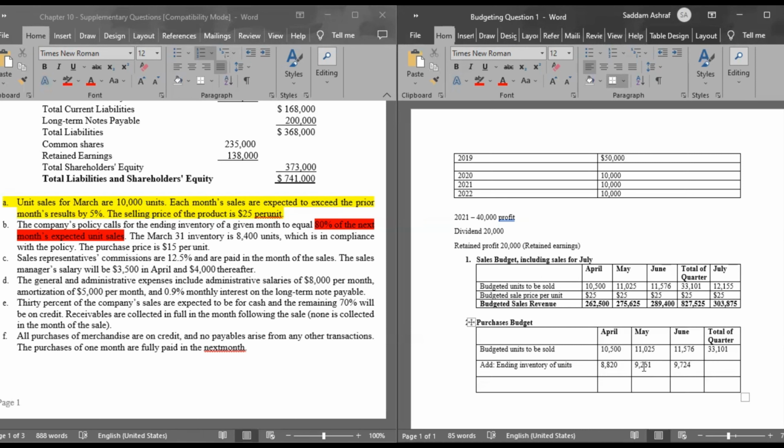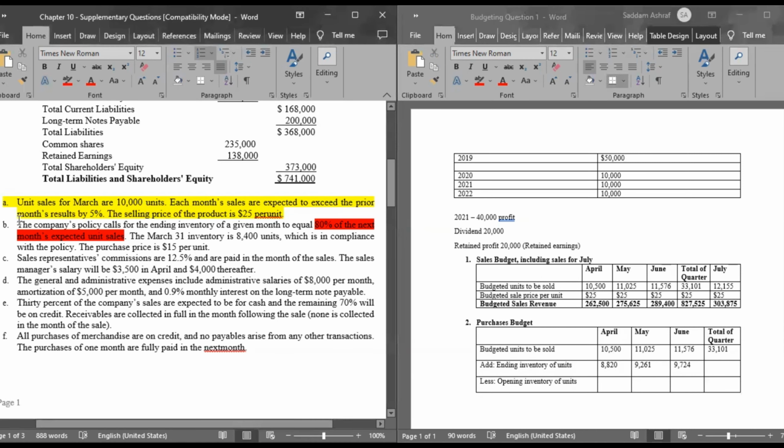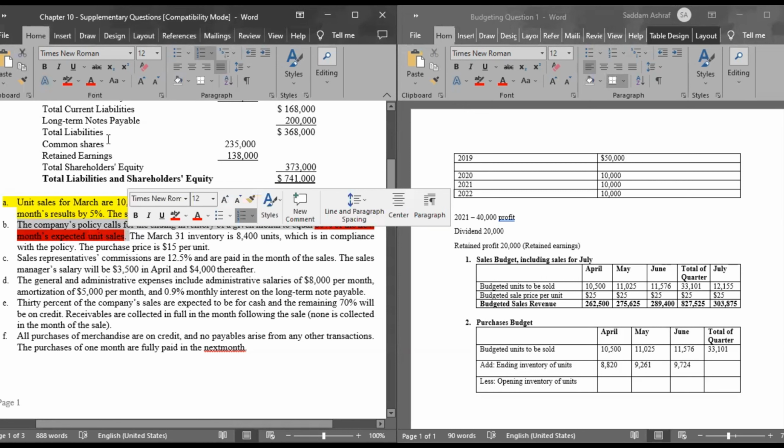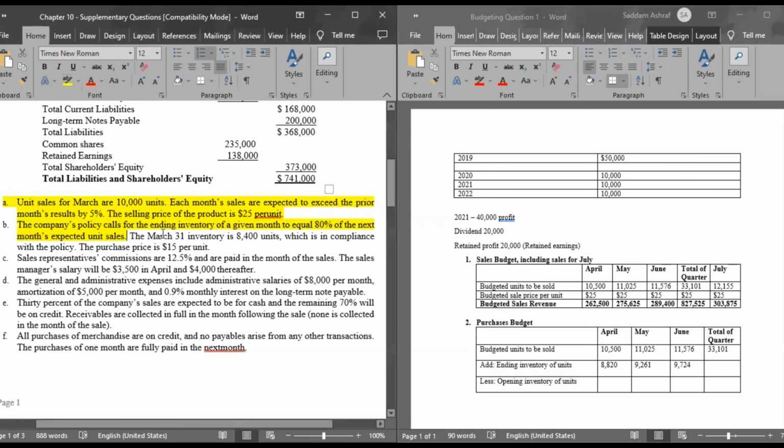Next, we will subtract the opening inventory of units. I'm reading the next statement from where we left off.